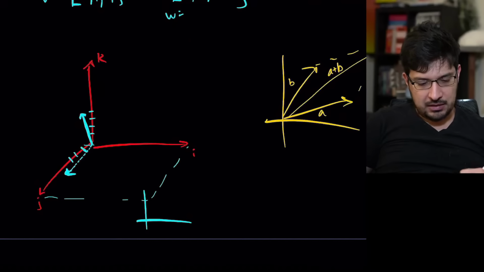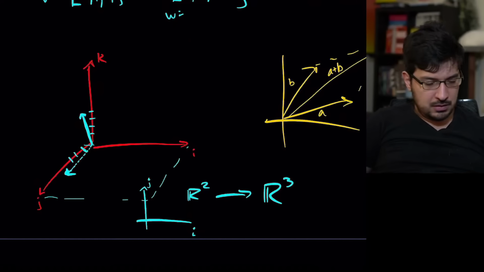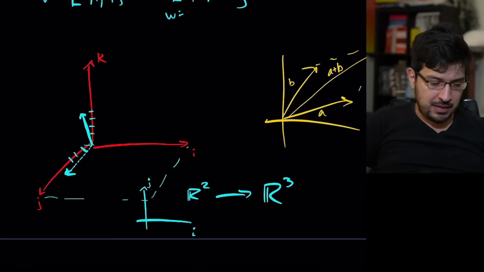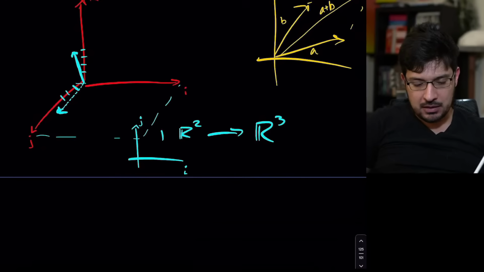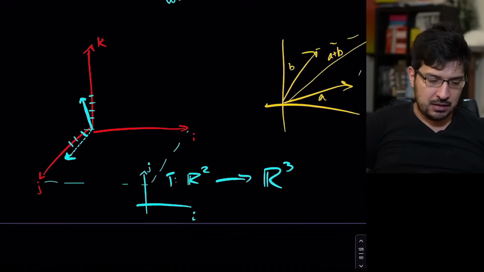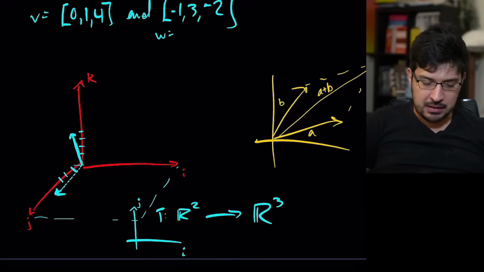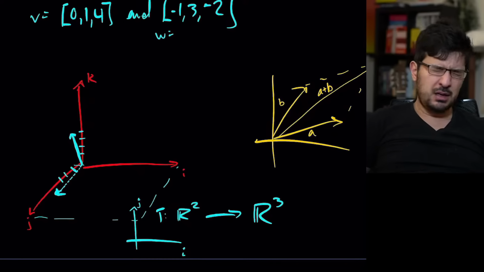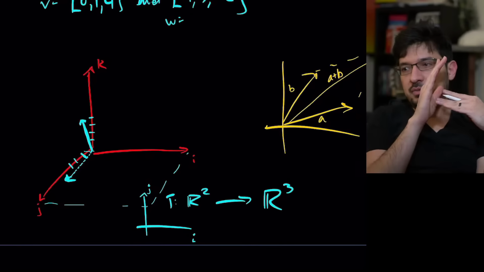But what I see is if we have the I and J in R2 and we do a linear transformation into R3 such that these two lie on a plane, like if we have a linear transformation that maps from R2 to R3, then we would consider the parallelogram, because these two vectors in 3D space that are linearly independent span a plane.